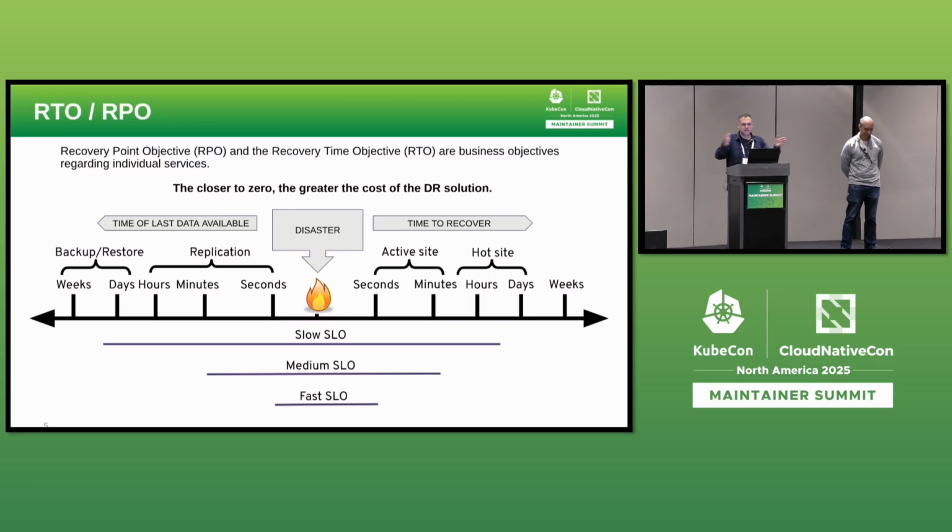Those two dimensions: the closer to zero from the disaster, the more money the solution will cost. And money means any cost, could be cognitive cost, cloud cost, etc. For low SLOs, you can take minutes, hours, and days on both dimensions. Medium SLO is seconds to minutes, and fast is under seconds.